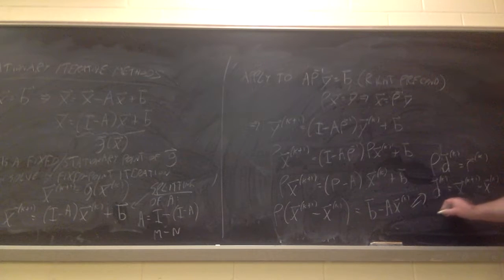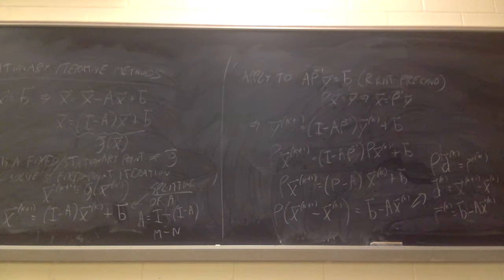Okay, and rk is b minus A xk. Does anyone know or remember what this vector is called? Because if this was the exact solution, it'd be 0.